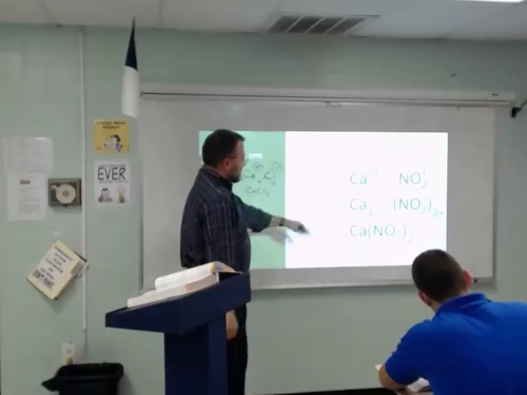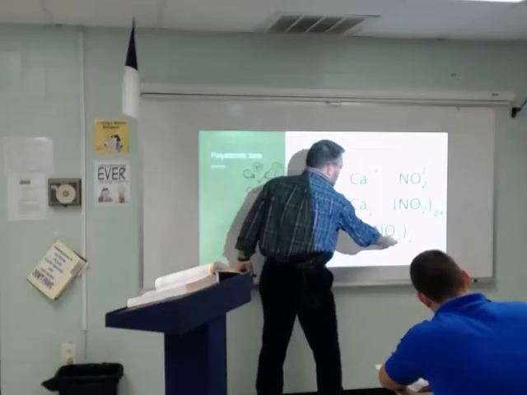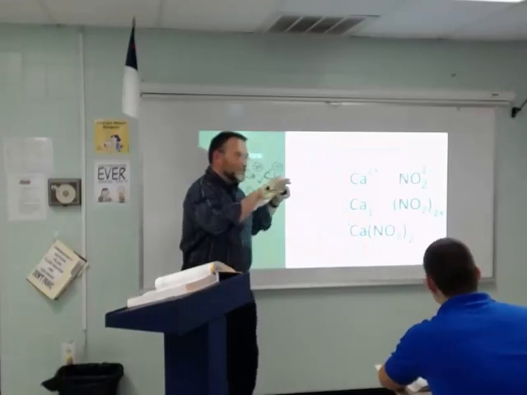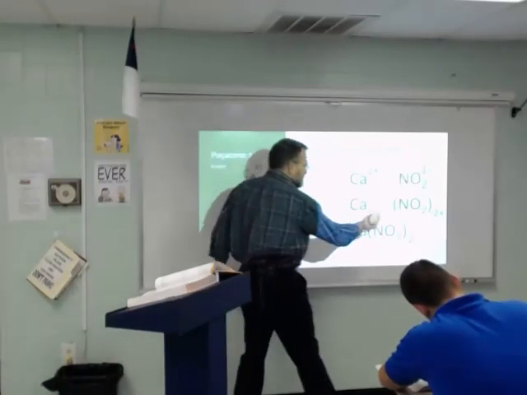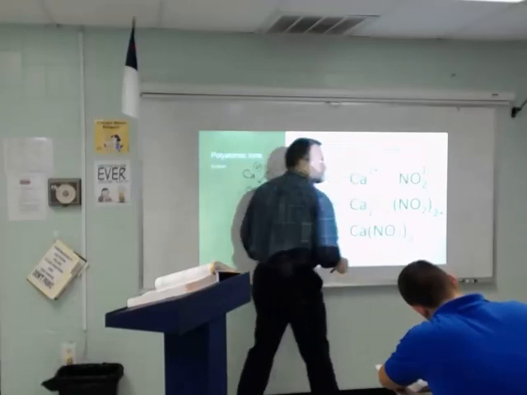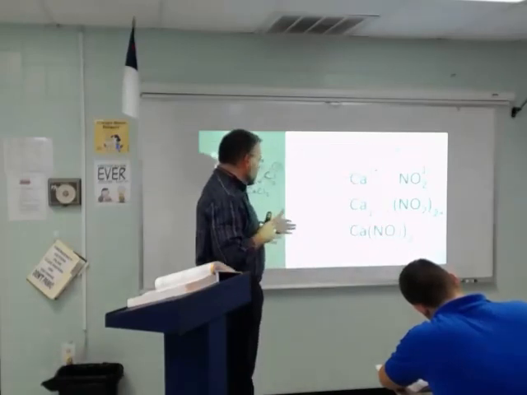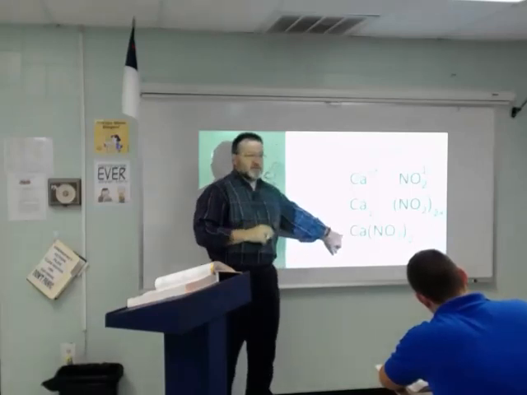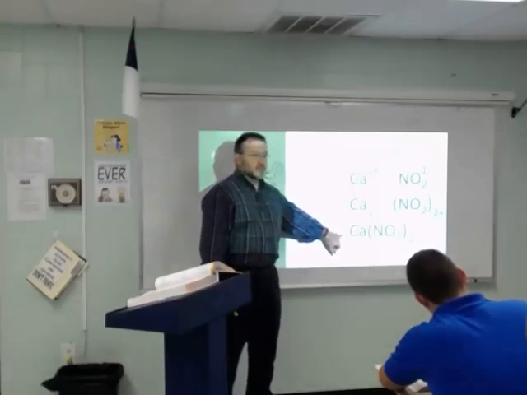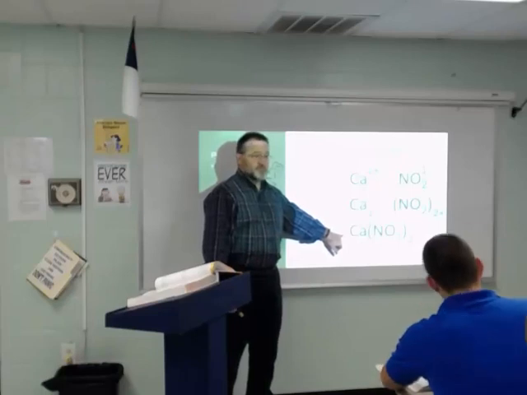So calcium nitrate, the entire nitrate polyatomic ion, we need to have 2 of them. And so if I ask you right now, how many calciums are in this molecule? There's 1. Good.